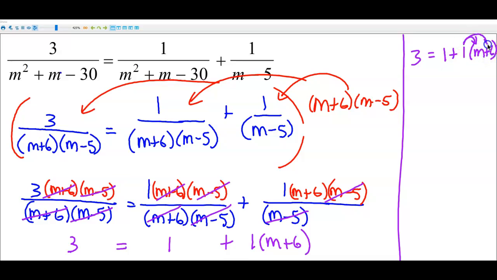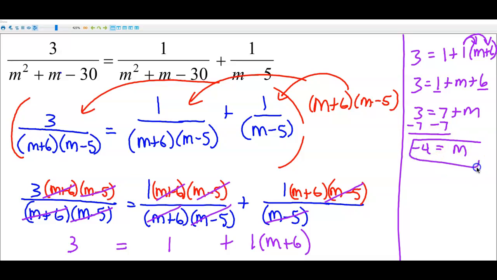Once again, we do our distribution first. Combine your like terms. 1 plus 6 is 7. And then subtract the 7. And there's my answer.